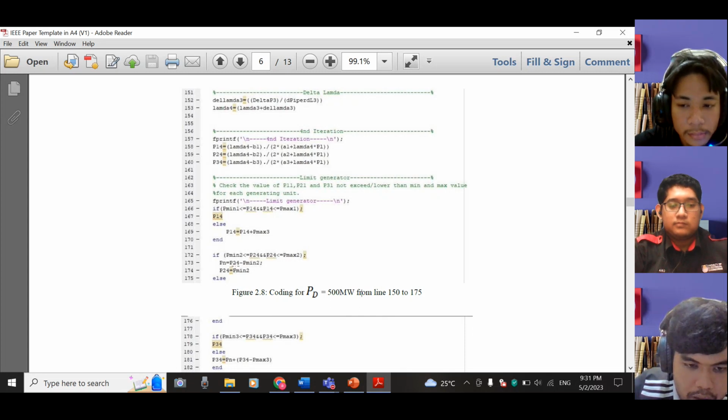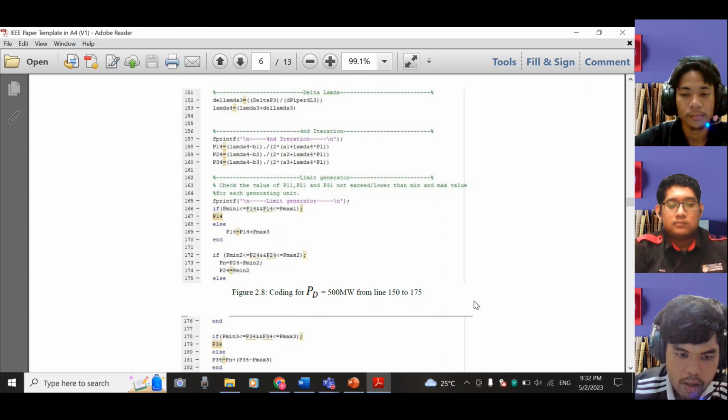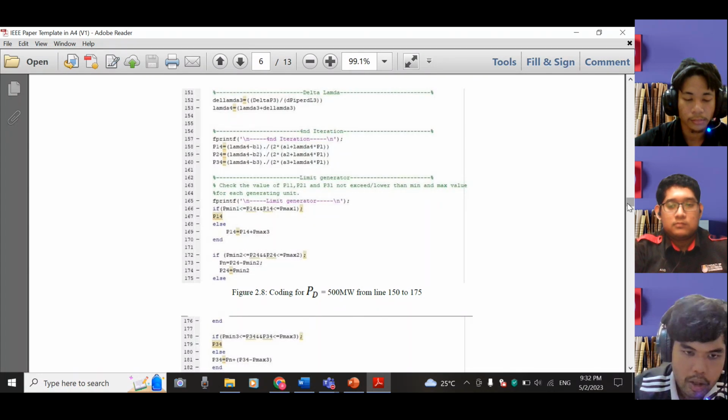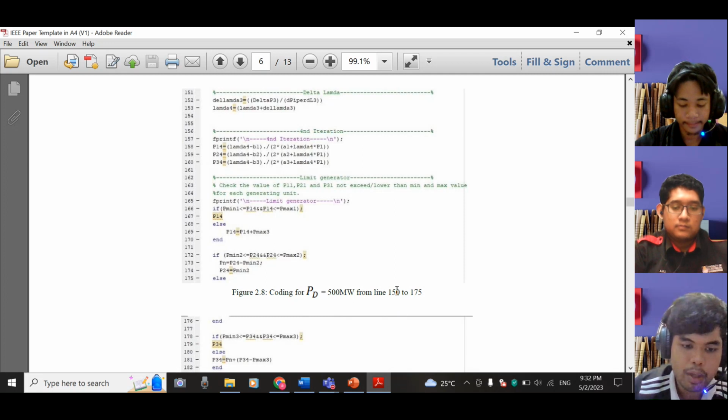But we have written the equation Pn equals P24 minus P min 2, because we need to supply the power to P3. After P34 supplies the value to P14, the power of P34 will become lower than the minimum limit. So that's why we need to supply the power from P24 to P23.